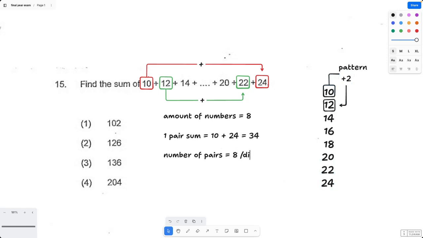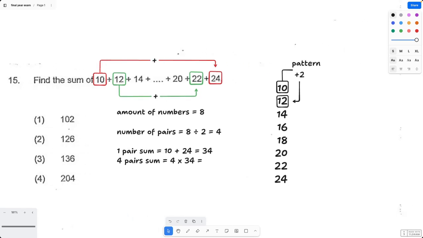So 8 divided by 2 will give us 4. And since one pair sum is 34, 4 pairs sum is equal to 4 times 34.